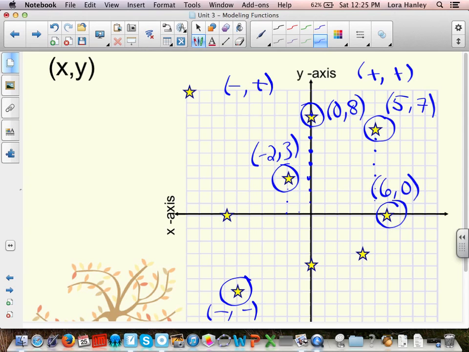We have gone back 1, 2, 3, 4, 5, 6, and down 1, 2, 3, 4, 5, 6. So our point is negative 6, negative 6. Lastly, quadrant 4, these points have a positive x and a negative y. This point we have gone to the right, 1, 2, 3, 4, and down 1, 2, 3. So over 4, positive 4, negative 3 for the down 3.